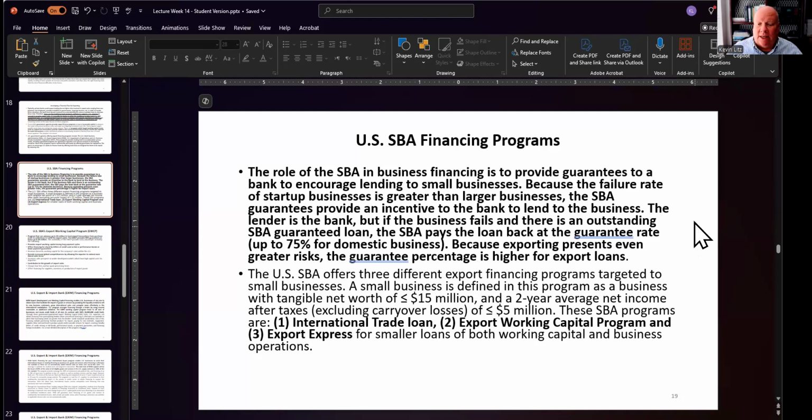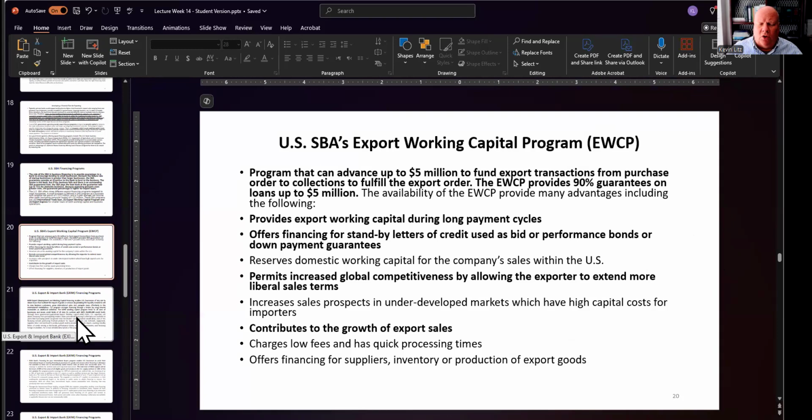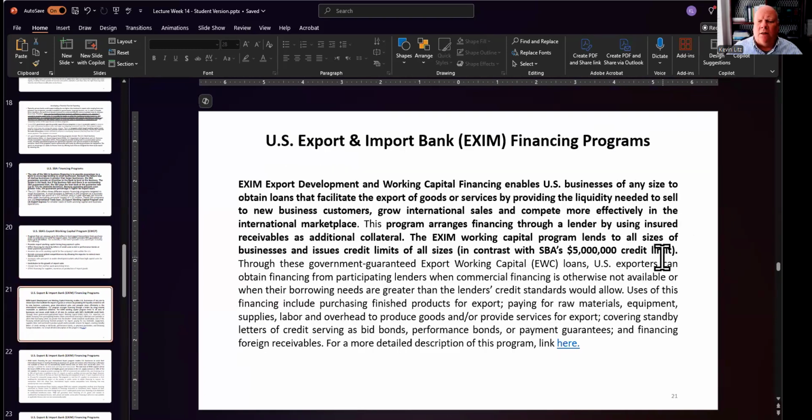You say that's okay, I can get loans through the SBA, for amounts of less than 5 million. Then there's an export working capital program. I won't go into all their requirements, but with the EWCP you can get money up to $5 million to finance while you are manufacturing. In other words, you don't have to have the capital to manufacture. You can actually get a loan for it while you're waiting to get paid. Just contact your Small Business Administration.